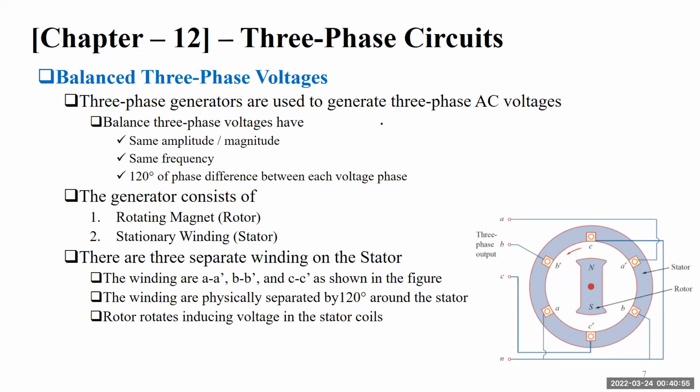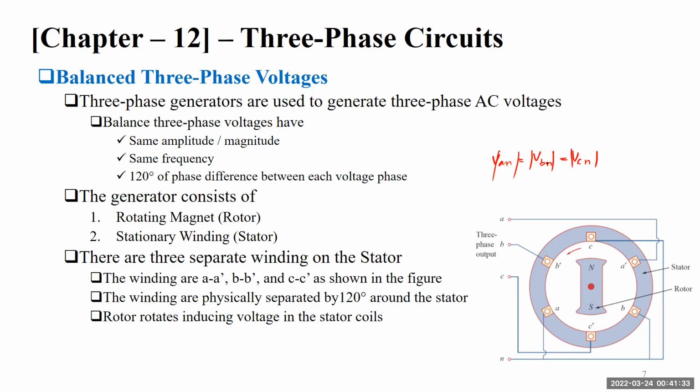So here, for three-phase circuits, three different phase voltages are generated: VA and neutral, VB and neutral, VC and neutral. These voltages, remember, are always balanced if the amplitude or magnitude of all these phases are equal, VAN equals VBN equals VCN.